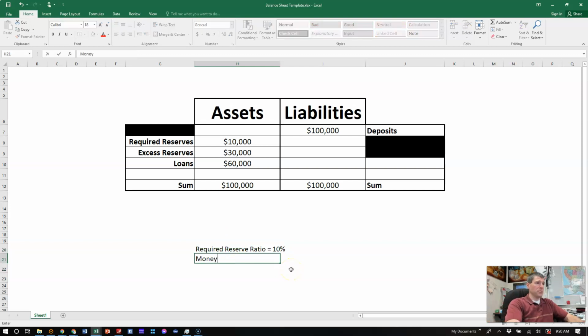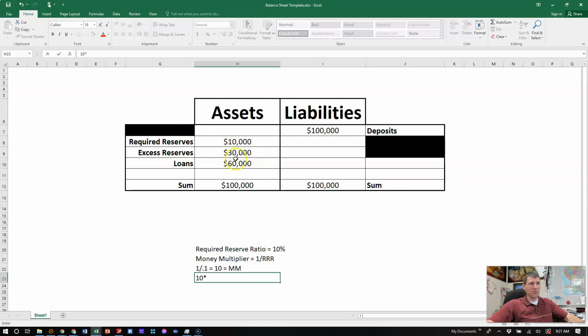So the money multiplier, you might remember, is equal to 1 divided by the required reserve ratio. Okay, in this case, it's 1 divided by 0.1, 10%, right, which is going to be 0.1. So that is equal to 10. So your money multiplier is equal to 10, right? You take 10 times the initial excess reserves amount.